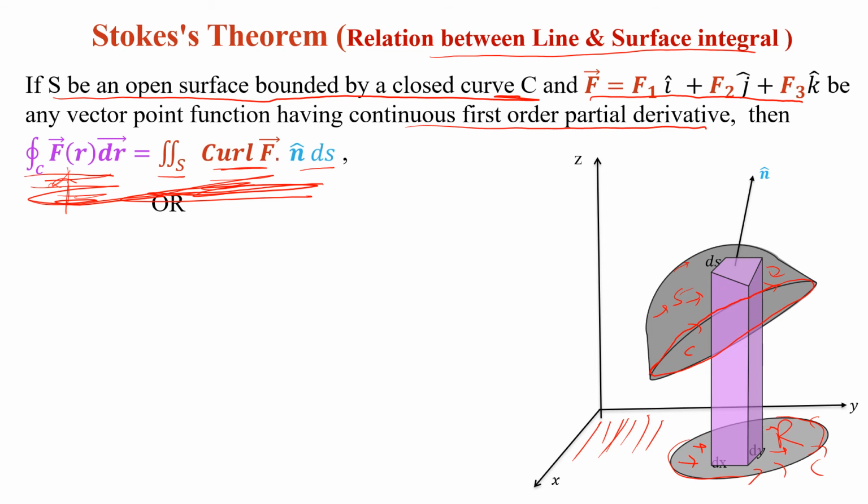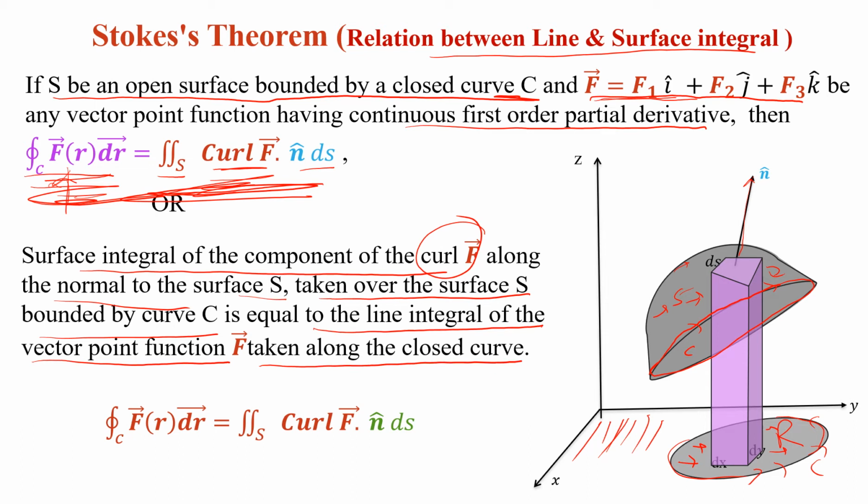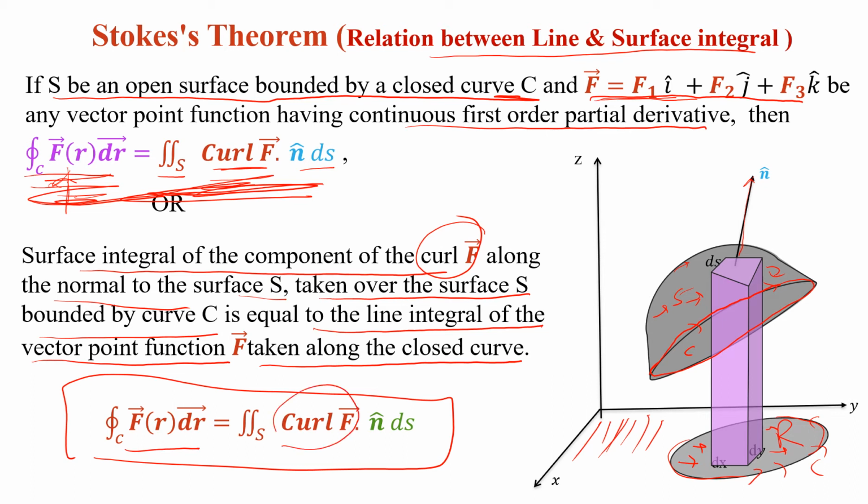Another statement: the surface integral of the normal component of the curl of the vector field, with n cap the unit normal to the surface S bounded by the curve C, is equal to the line integral of f along the closed curve. That is Stokes' theorem: the line integral of f dot dr is equal to the surface integral of curl f dot n ds.